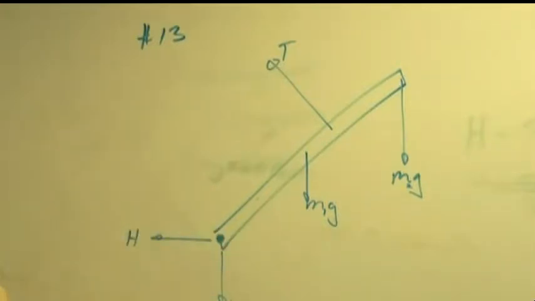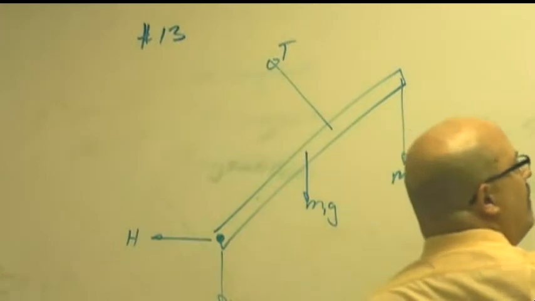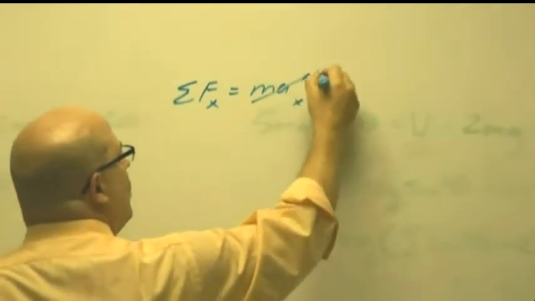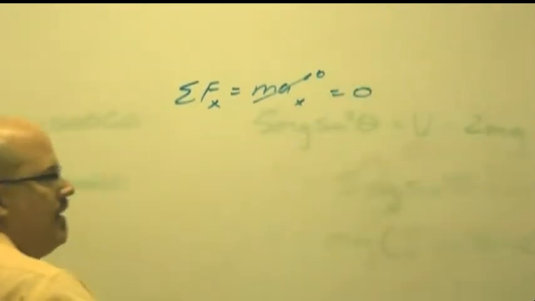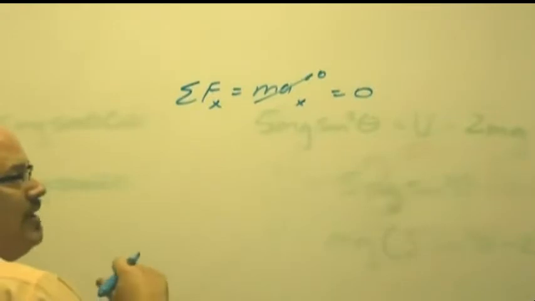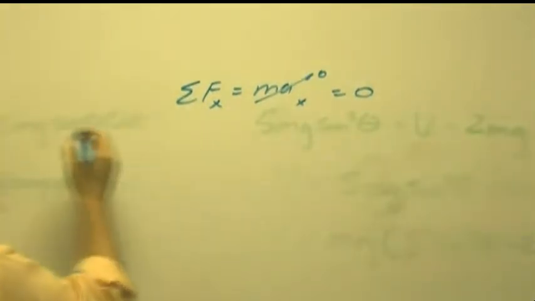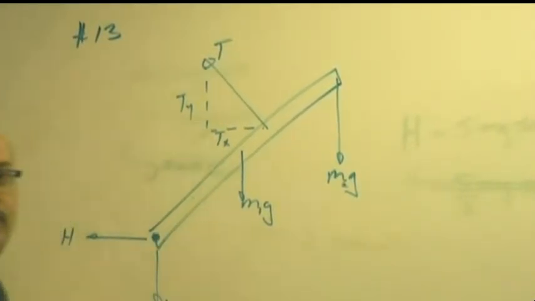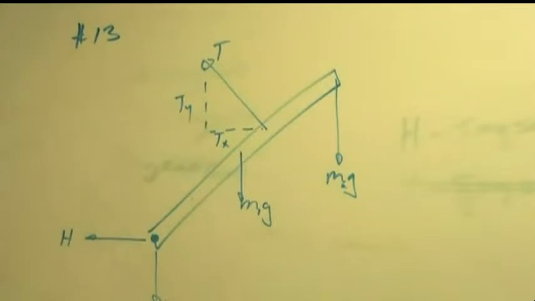Okay? But look, when I solve this, the sum of the forces equals ma in the x direction. The acceleration is 0, right? So that says all my forces must equal 0. So look what happens. Here's my x component, here's my y component, which you can use your theta to figure out what those are, right?